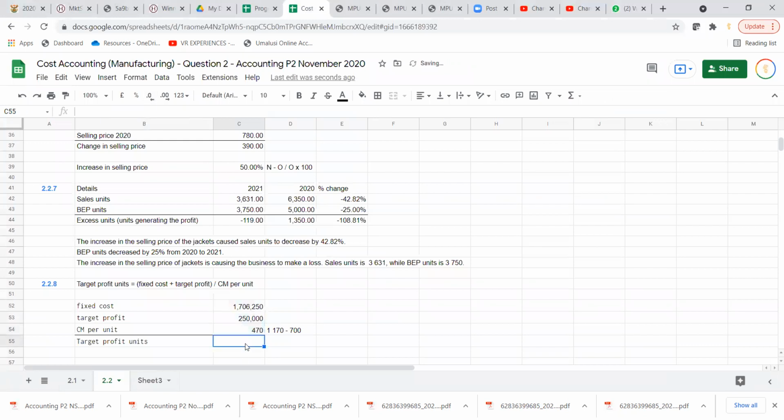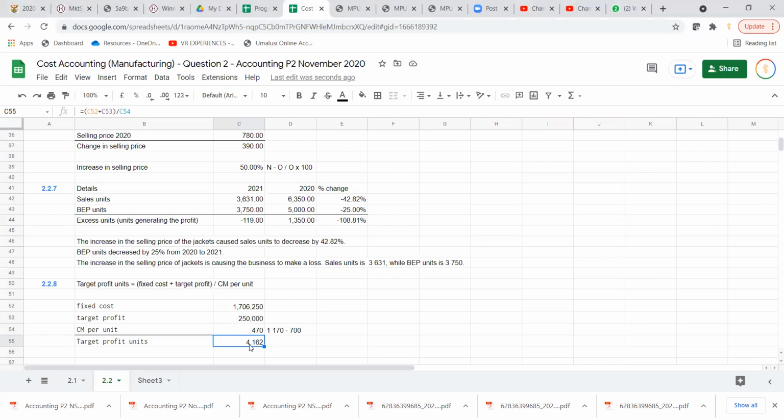Okay, so target profit is equal to fixed costs plus target profit divided by contribution margin per unit. So that means to get the target profit, we need to sell 4,162 units. But the question didn't ask us how many units we must sell in order to generate the target profit.